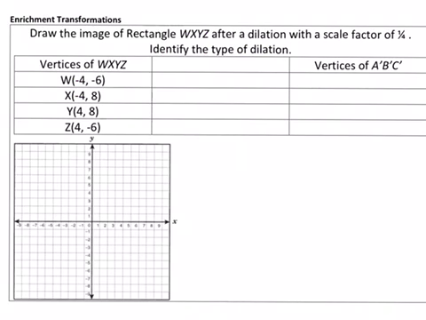In this example, you guys are going to finish this on your own. We have a dilation of a scale factor of 1/4, so your K is equal to 1/4. Now, when we had the scale factor of 1/2, I told you that multiplying by 1/2 is the same as dividing by 2.